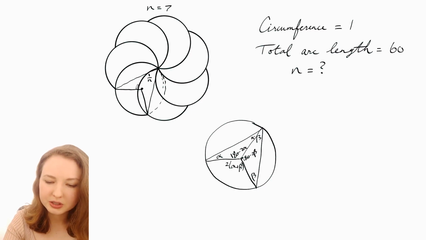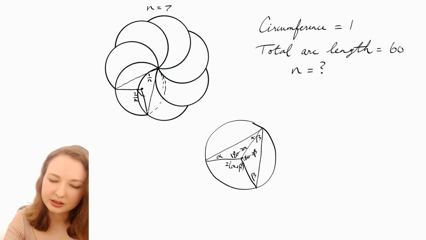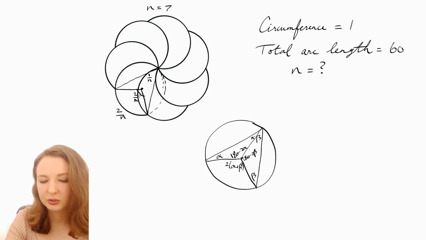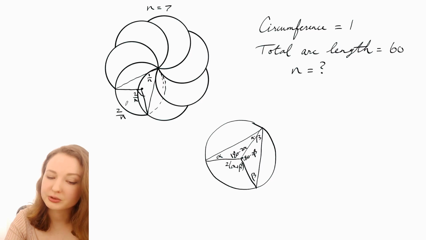But anyway, that gives us that that angle is twice as much as that one, so 2 over n. And then that arc length is 2 over n, because what I mean is 2 over n of 360, and we know the whole circumference is 1, so this is going to be 2 over n of 1.